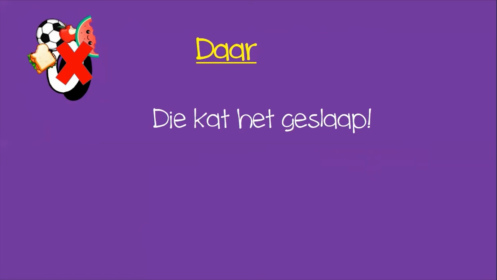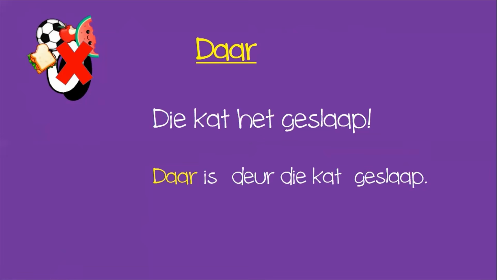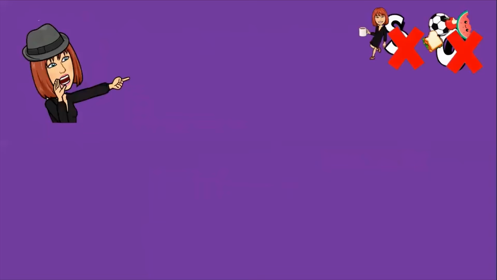Die kat het geslaap. We have the subject and the verb, het geslaap, but no object. Again, daar is, because this sentence is past, het, so daar is deur die kat geslaap. Now, if we do not have a subject or an object, like slaap, you see it's also a command. But there is no subject and object.